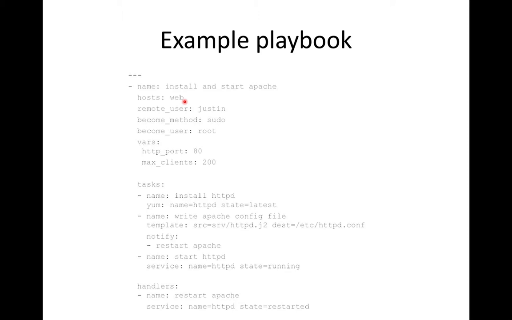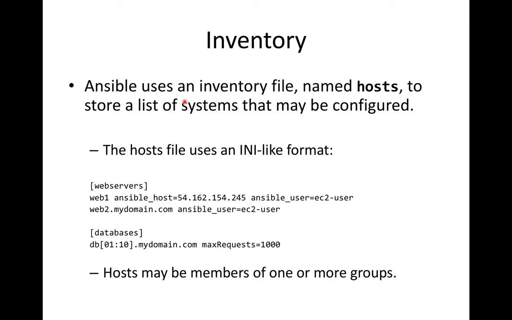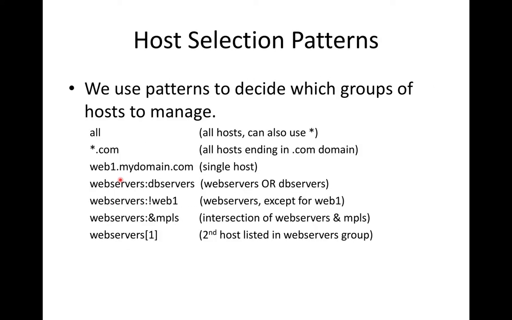So every single server that is a member of the web group, in this case it's called webservers, but pretend this was just web, Ansible would apply that configuration against every member of the web group in the inventory file.